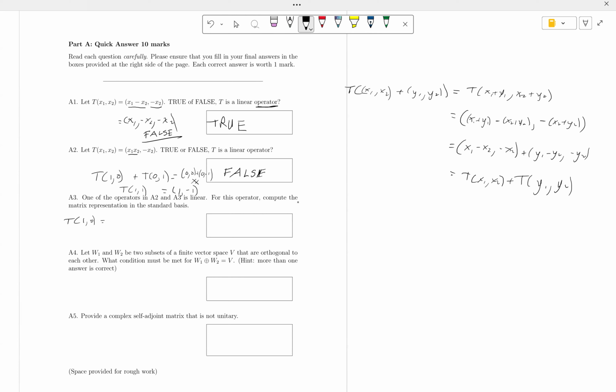For (1, 0), this is going to be (1, minus 1), which implies that T of e1 in the standard basis beta is (1, minus 1), and T of (0, 1) equals (minus 1, minus 1), which implies that T of e2 in the standard basis is (minus 1, minus 1), meaning that the matrix representation of T in the standard basis beta is going to be 1, 0, minus 1, minus 1.